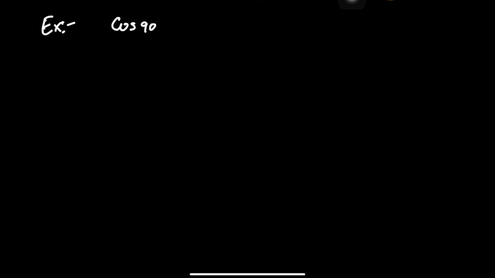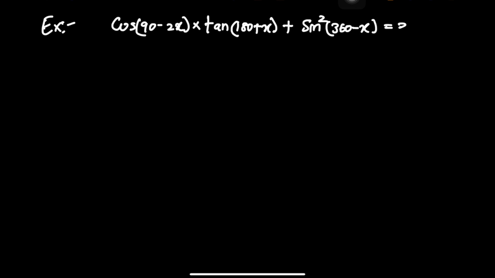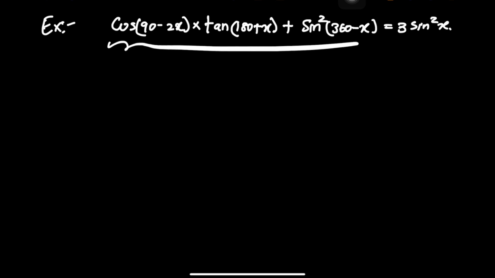Cosine 90 minus 2x times tan 180 plus x plus sine squared 360 minus x is equal to 3 sine squared x. So that's the proof. We'll take the left hand side to prove the RHS.